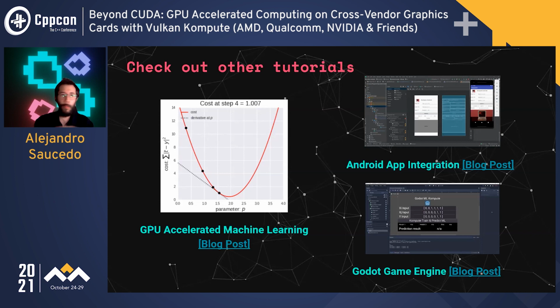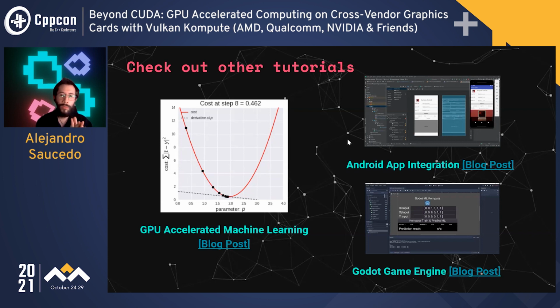And then finally, also the game engine integration. We have a vast range of others, like Kompute running on Raspberry Pis, using matrix multiplication optimizations through various different approaches, et cetera, et cetera. So please do check it out on the GitHub.